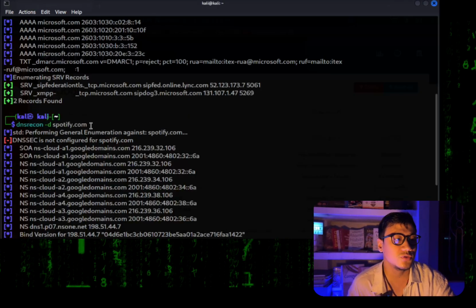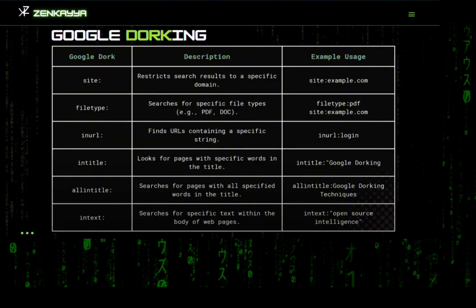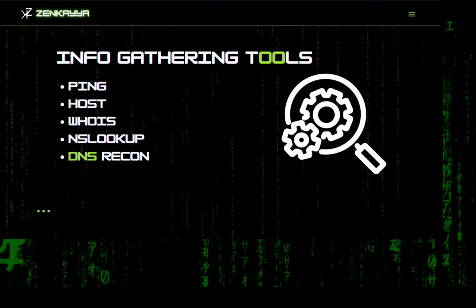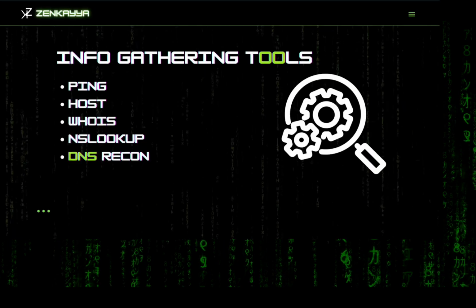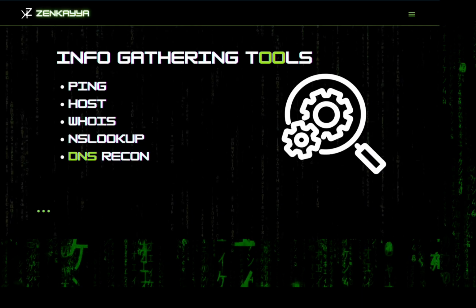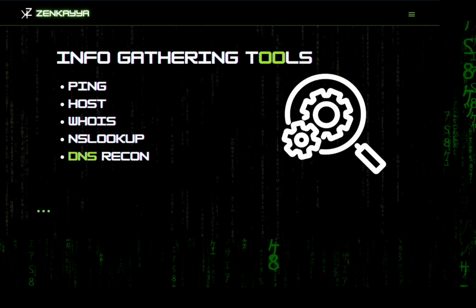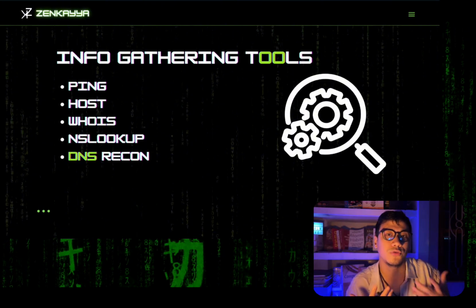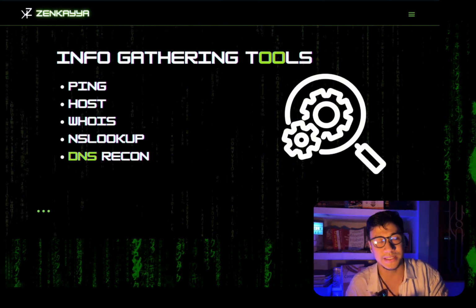In this video we have seen the ping command, host tool, Whois tool, nslookup tool, dnsrecon, dig. All these tools you have to use in order to find the full information, or whatever specific information you want to find about a particular website.